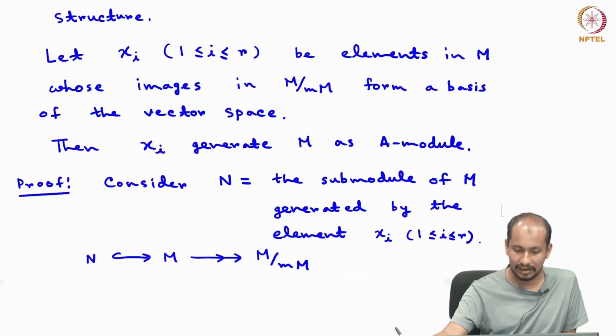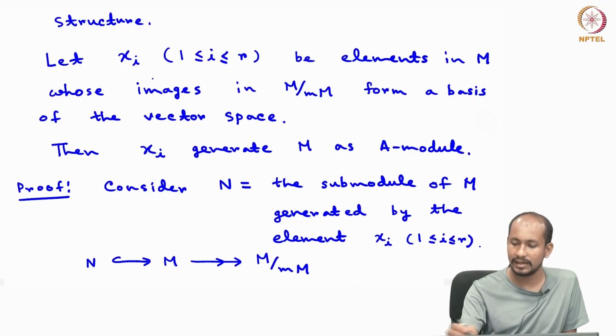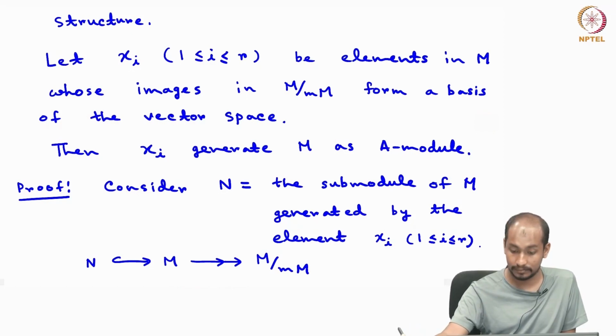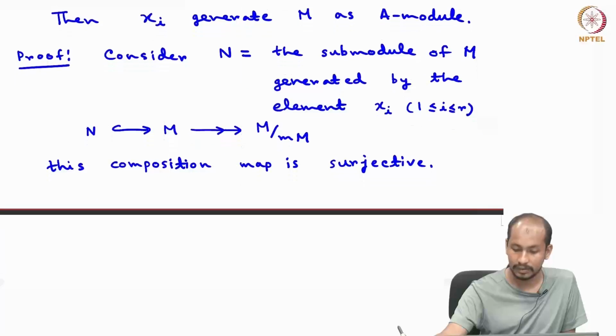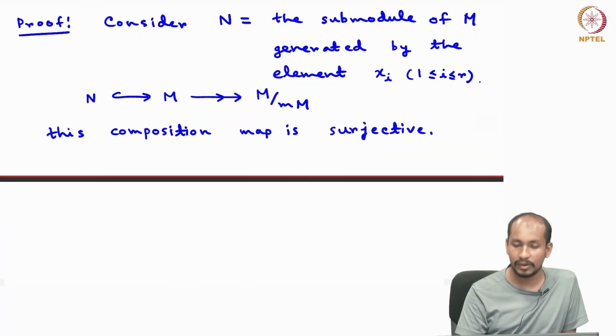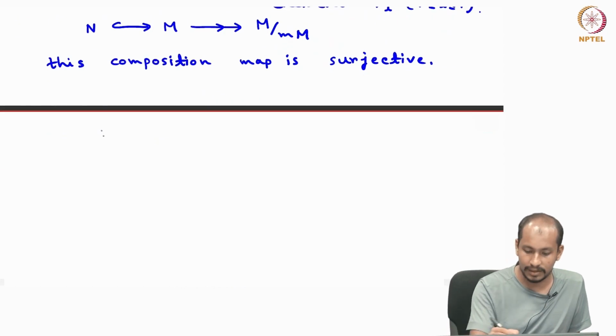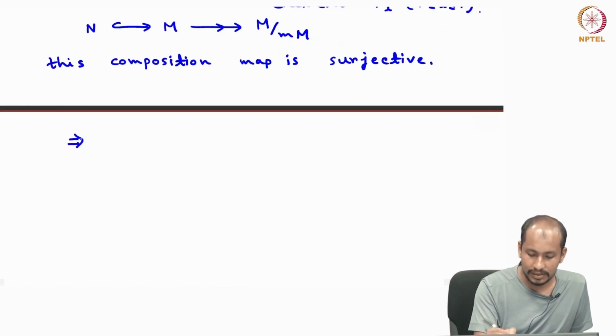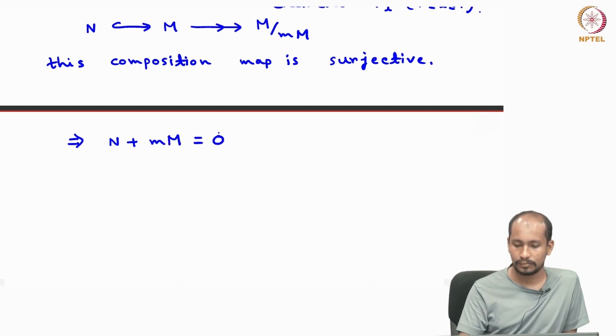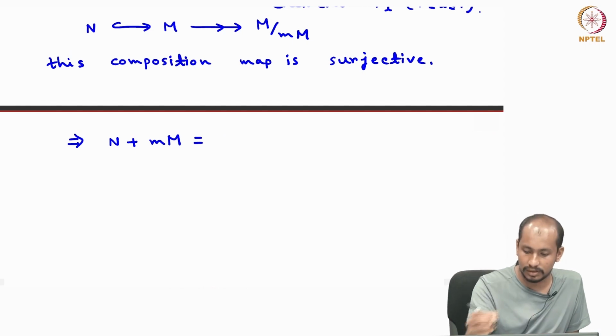From the hypothesis, the images of the x_i generate the vector space M mod mM. So this composition map will be surjective, right. So from here it follows that N plus mM is equal to M.